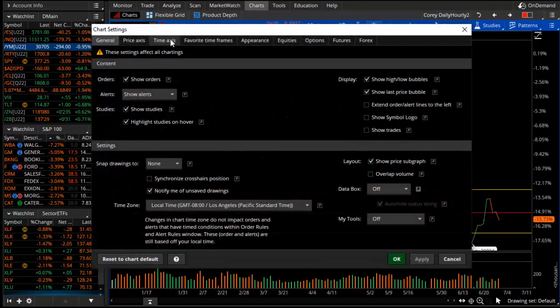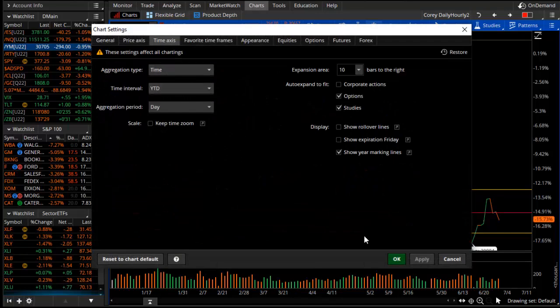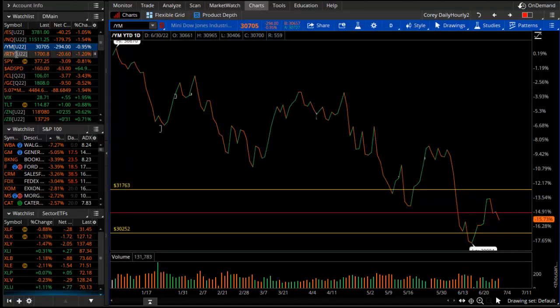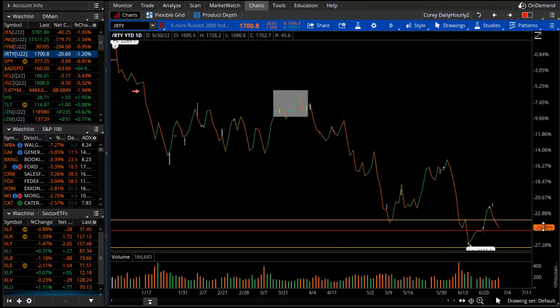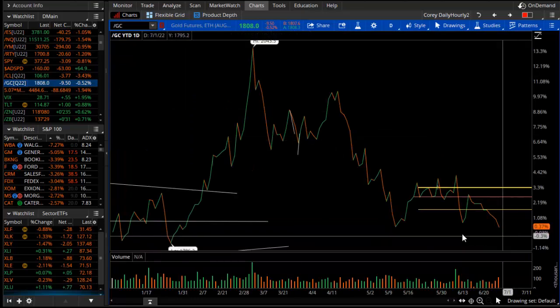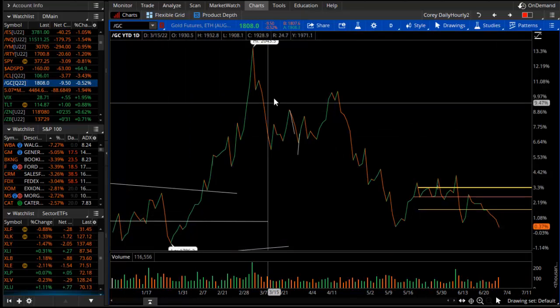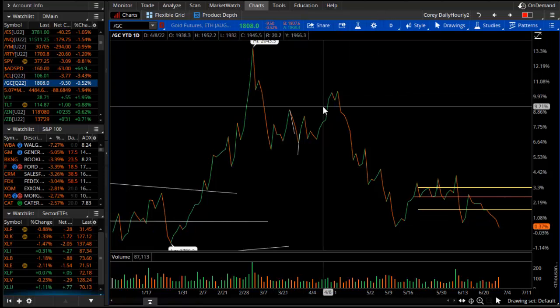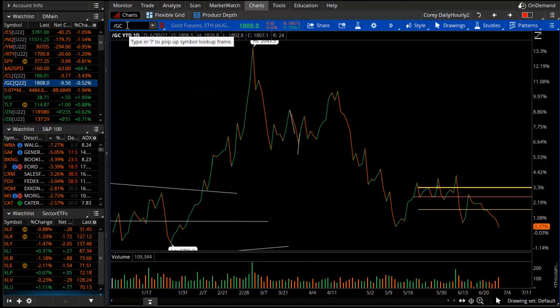And to confirm that, just looking at the time axis year to date, that takes us through the first 2 quarters. And the Russell, the small cap, is off 25%. We'll come back to crude in a moment, but gold, strangely enough, and this is where I scratch my head, given how much inflation is out there and how much discussion there is on inflation, gold, at least GC, gold futures, is flat.